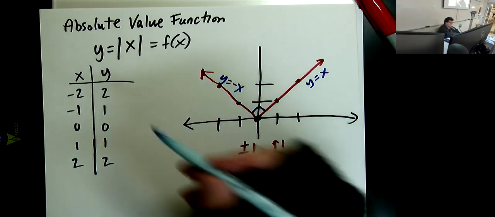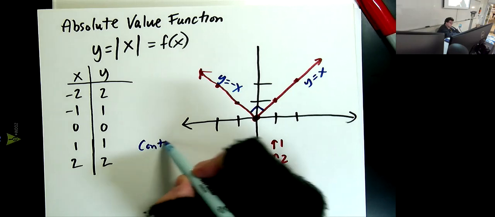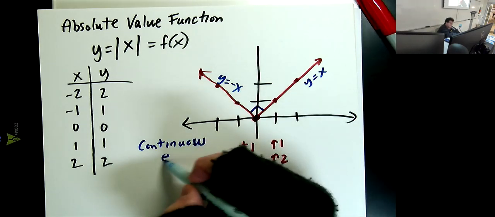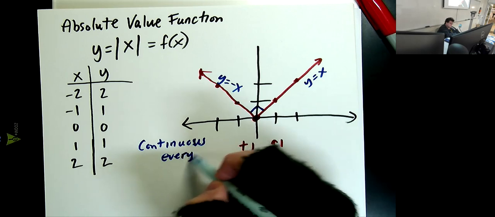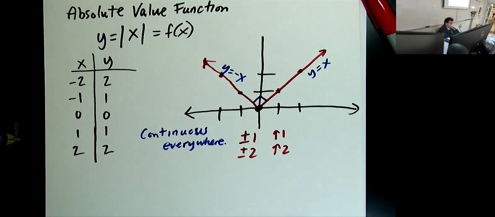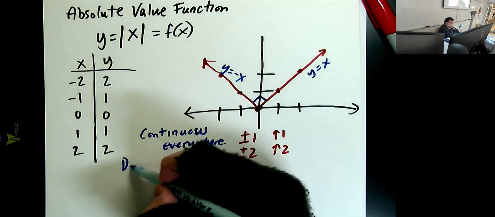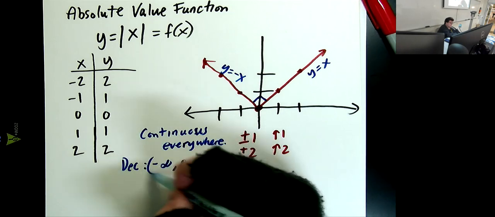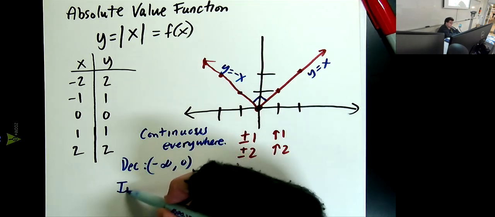We can see it's continuous everywhere. It's decreasing from negative infinity to 0. And increasing from 0 to infinity.